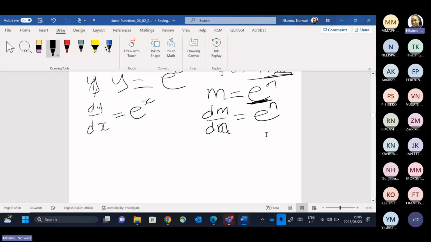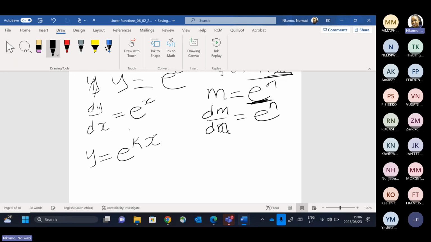Suppose you are given this function y equals e to the power kx. If you are given an exponential function that has a constant, then the derivative of that exponential function would be the constant times that function itself.